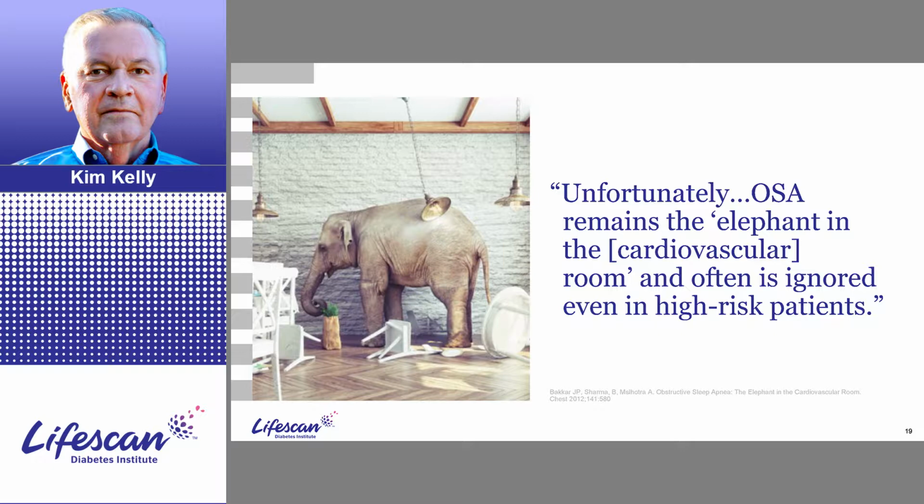In one study where 86% of people with type 2 diabetes were found to have obstructive sleep apnea of some degree, less than 5% actually were on treatment a year later. So clearly, recognition of obstructive sleep apnea is only part of the plan. Being on treatment to ameliorate the effects of it, ameliorate the effects of cardiovascular risk as well.